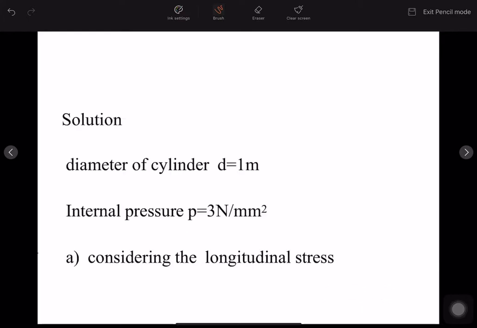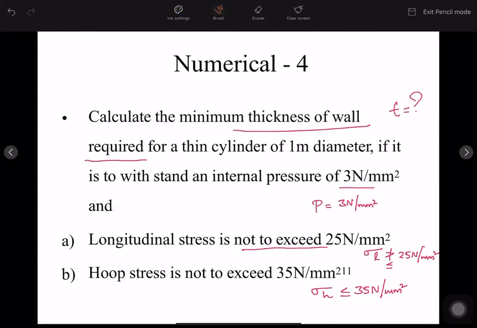So he has given two conditions here. He means to say find the minimum thickness by considering these two conditions, right? The first condition is longitudinal stress less than or equal to 25 Newton per mm square.